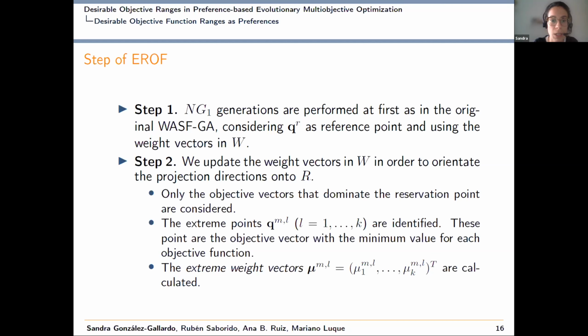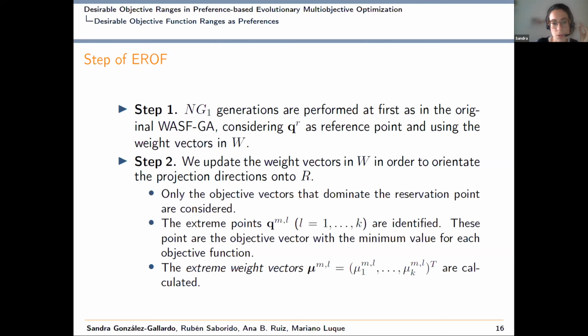Firstly, the algorithm only considers the objective vectors that dominate the reservation point in step 1. Then we identify the extreme points. These points are the objective vectors with the minimum value for each objective function. And then we calculate the strength weight vectors.